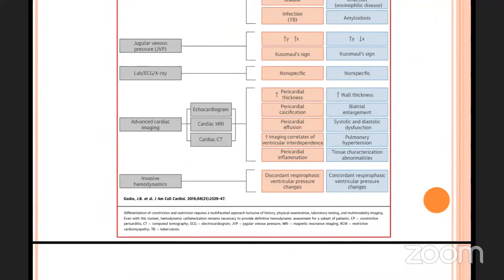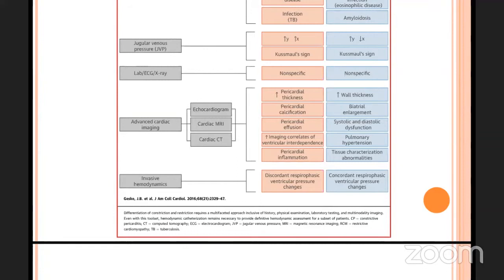Although you have already explained the role of NT-proBNP, please explain again how frequently we should do NT-proBNP in these patients and what is its exact role in differentiating these two pathologies. In patients with restrictive cardiomyopathy, the walls of the ventricles are stretched. Whereas in cases of constrictive pericarditis, the walls of the ventricles are not stretched. As a matter of fact, they are prevented from expansion.